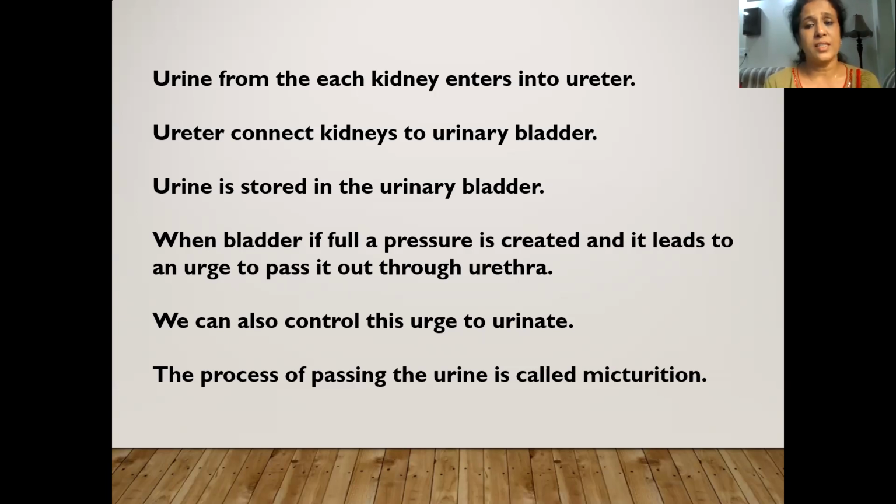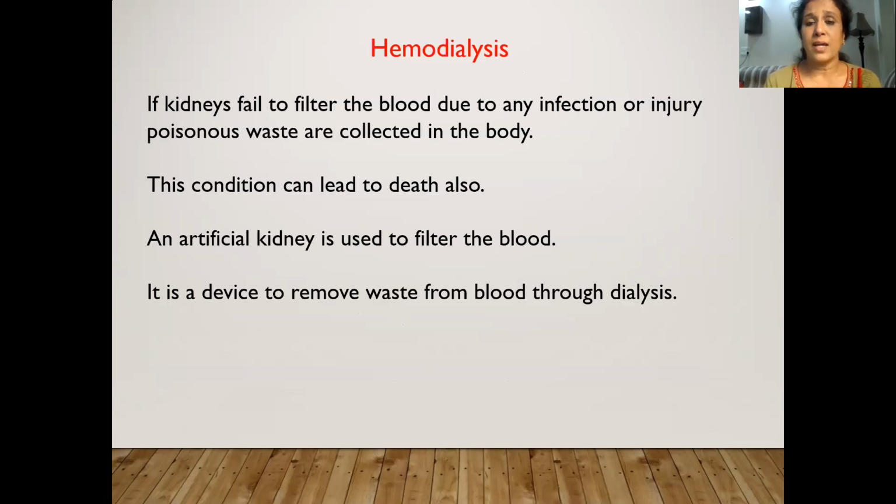From there, it comes into the ureter, from the ureter to the urinary bladder, and when the bladder is full, a pressure is created, and then we have an urge to excrete this urine. The process by which urine is excreted outside the body is known as micturition.